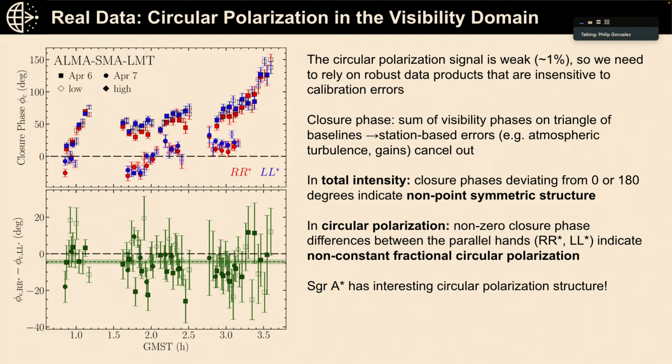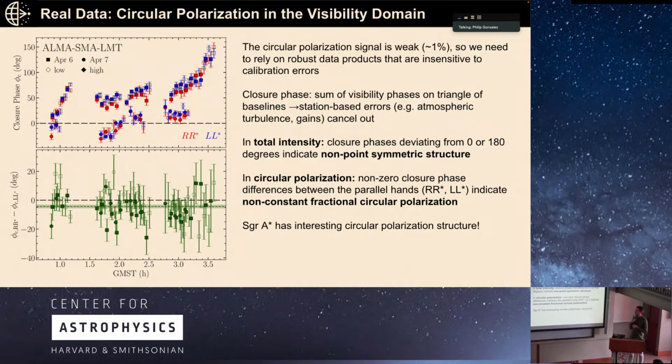And it turns out if you compare the closure phases between the parallel hand correlations, so between right-right and left-left, if you see a non-zero difference between those two, you know that you're looking at a source that has a non-constant fractional circular polarization. In other words, some interesting polarization structure.